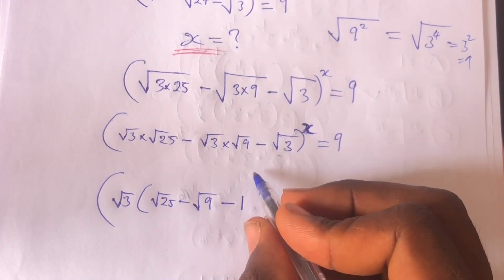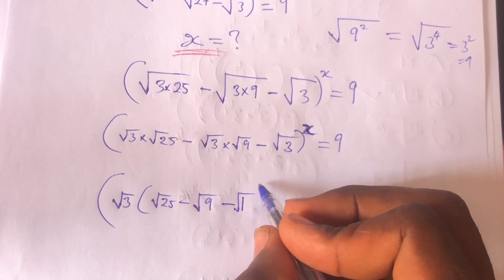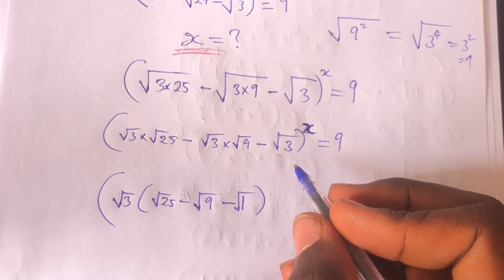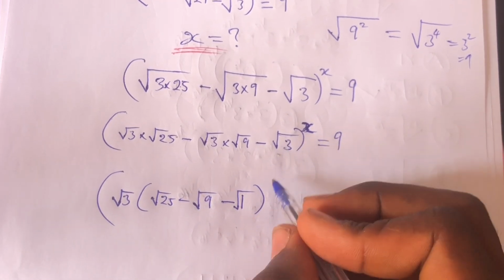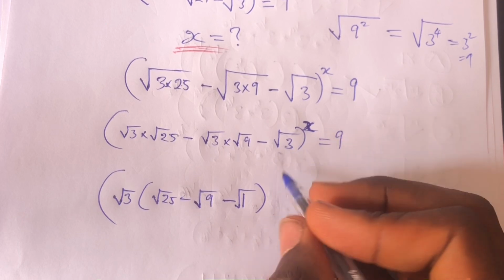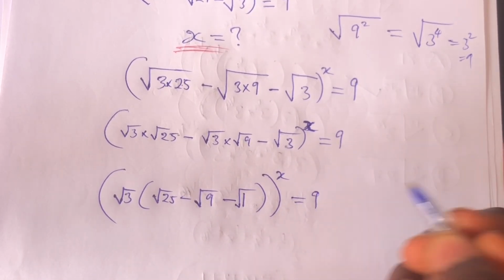Or say square root of 1, because square root of 1 is the same thing as 1. So everything raised to power x is equal to 9.